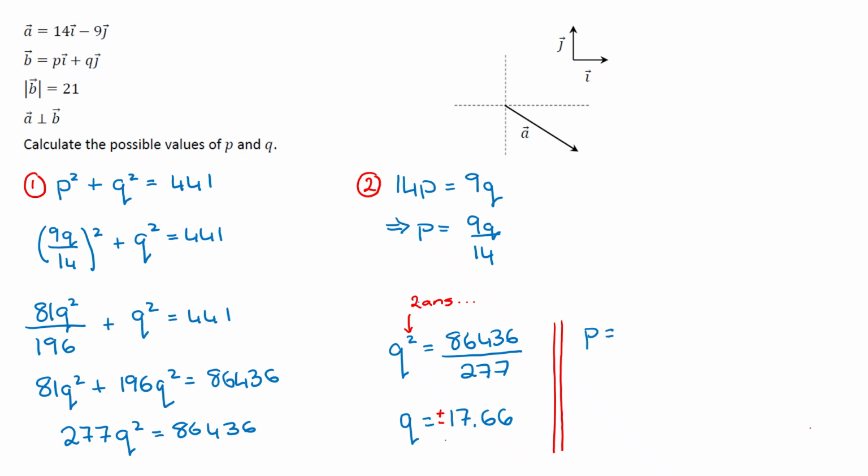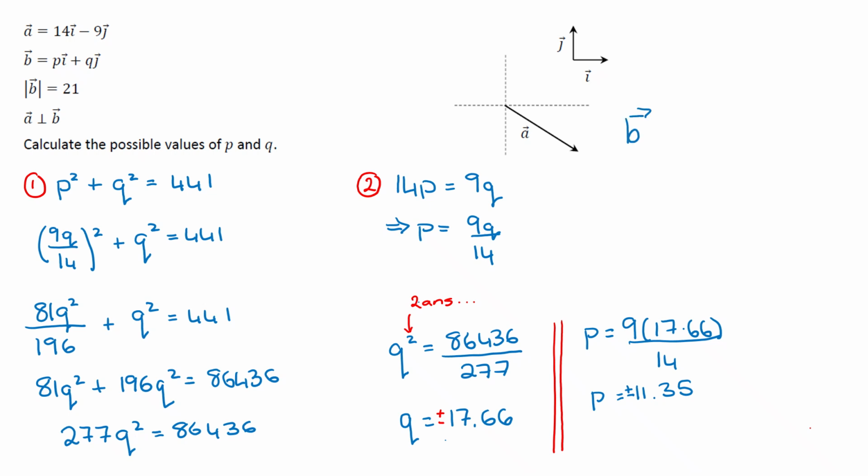So then to get our P, we're doing 9 times 17.66 divided by 14. That gives us P equals 11.35. And again, that's a plus and a minus because we can sub in the plus and we can sub in the minus. So P and Q can give us two values.